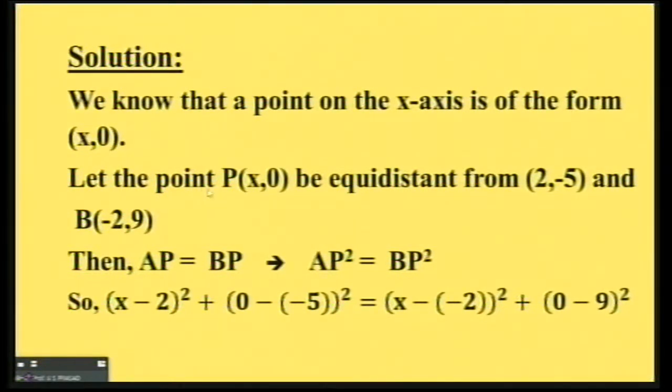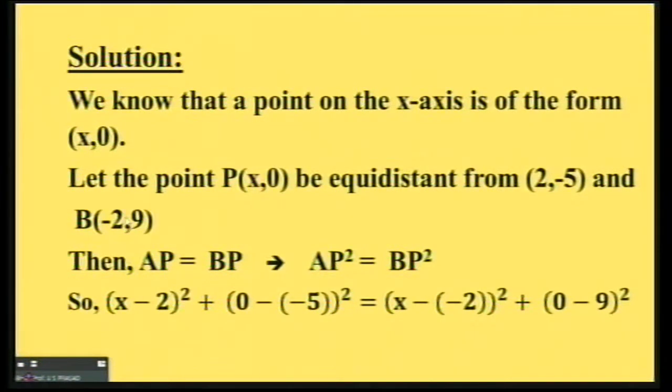So the given condition is this point, if I denote it as P, whose coordinates are x comma 0, is equidistant. Equidistant means the distances from the given 2 points, A 2 comma minus 5 and B minus 2 comma 9, must be equal. That means we have to find the distance between P and the first point, I denote it as A, and the second point I denote as B. That means I have to find what is AP and what is BP.